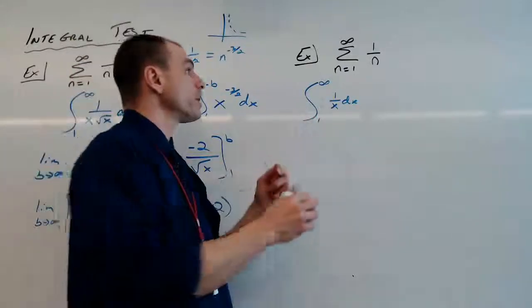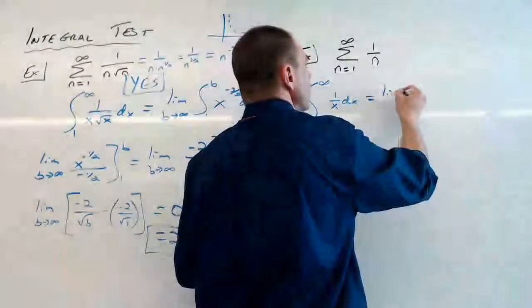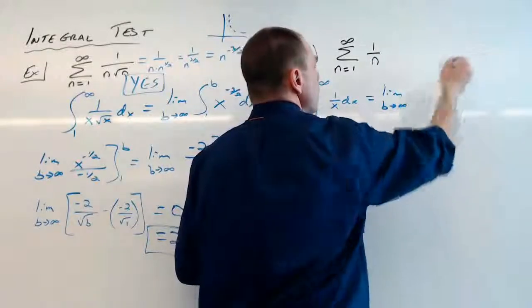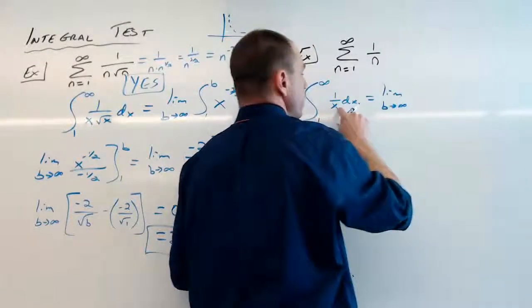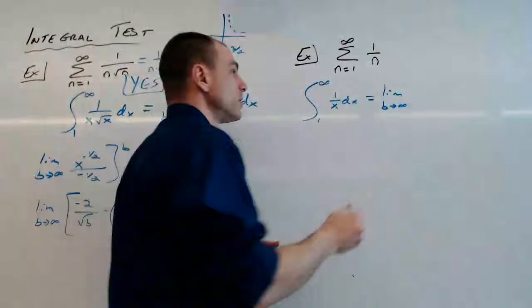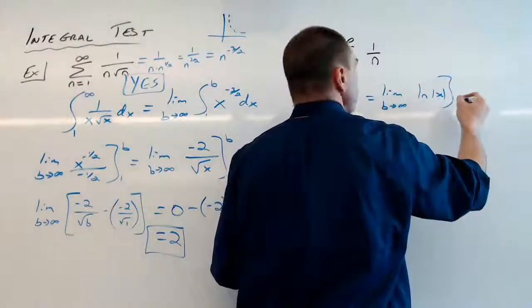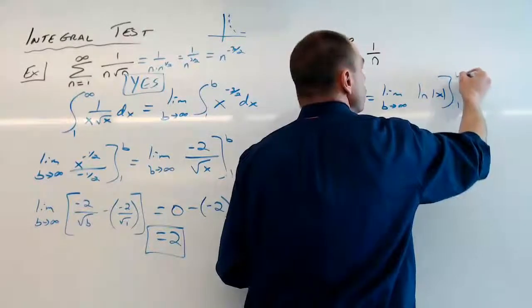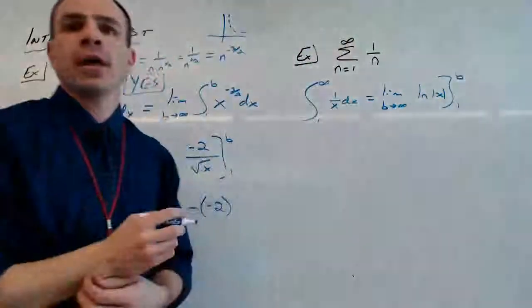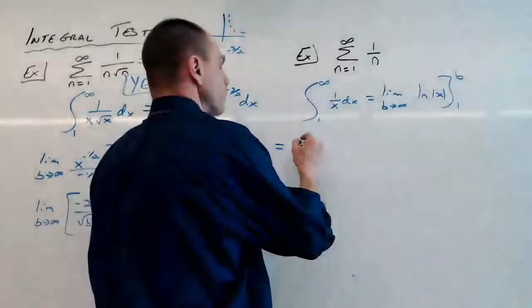All right, so let's go ahead and do that. We have the limit as b approaches infinity of, we know what the antiderivative of 1 over x is. That is the natural log of the absolute value of x, and that's being evaluated from 1 to b.